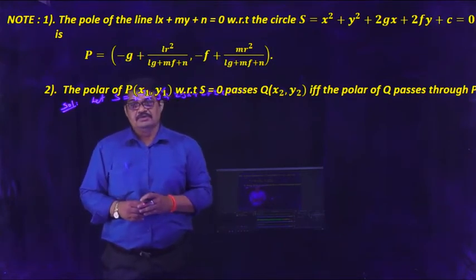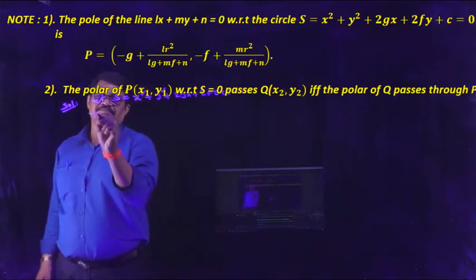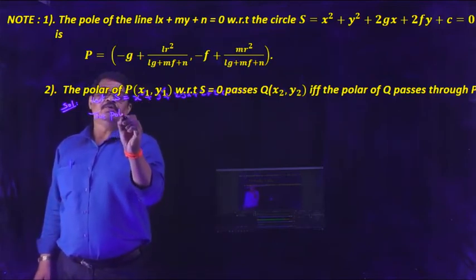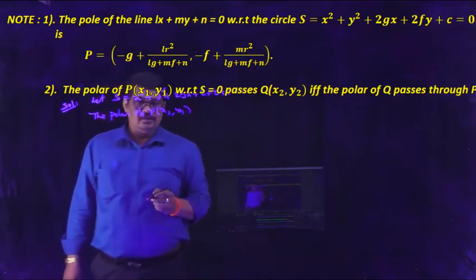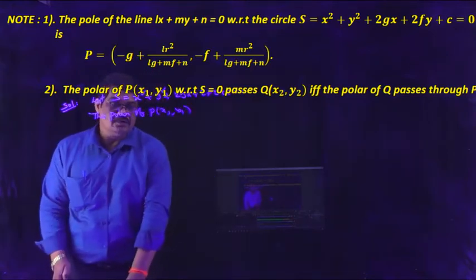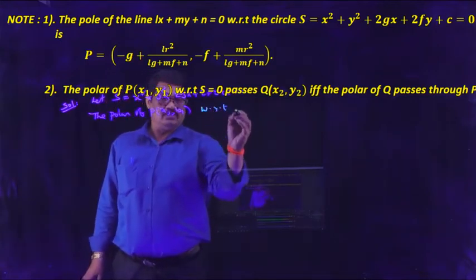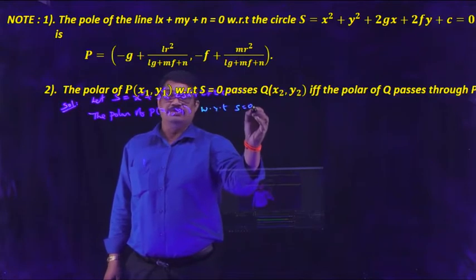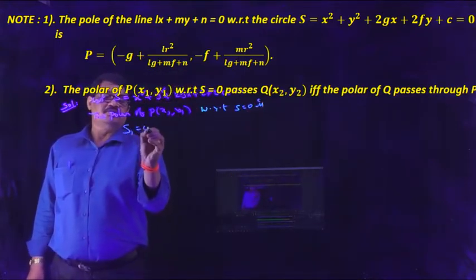First we take the first statement. The polar of P(x1, y1) with respect to S = 0, what is the polar equation? S1 = 0.